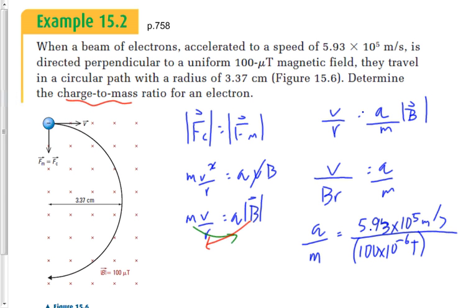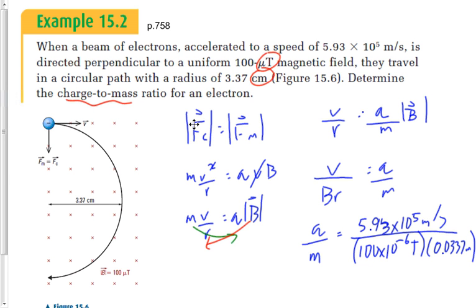And R is going to be 3.37 centimeters, which we're going to put into meters, 0.0337 meters. I should have, when I first saw this question, circled these, right? To remind me to do the conversions. Now, I remembered to do the conversions here. Sometimes you will too if you don't draw attention to it. But you're more likely to remember to do the conversion if you do draw attention to it.